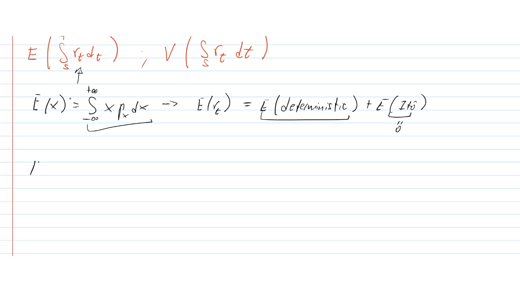So we get something similar to before, but it's the expectation of the integral, and we're going to go from today, S, to big T. Here we'll have r_t going from some t, which now will be our final time, the starting point again.